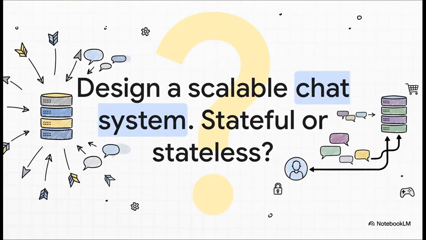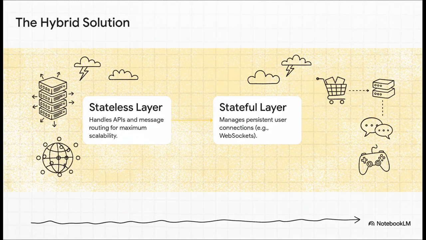So let's put it all to the test with a classic system design interview question. You're in the hot seat and they say, design a chat system like WhatsApp for 1 billion users. Do you make your server stateful or stateless? It feels like a trap because a chat is obviously stateful, right? And the expert-level answer is, you use both. You split the problem up.